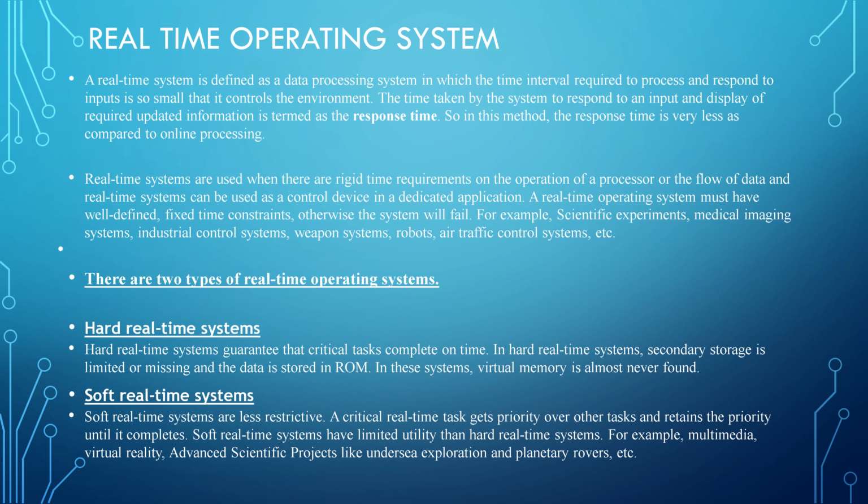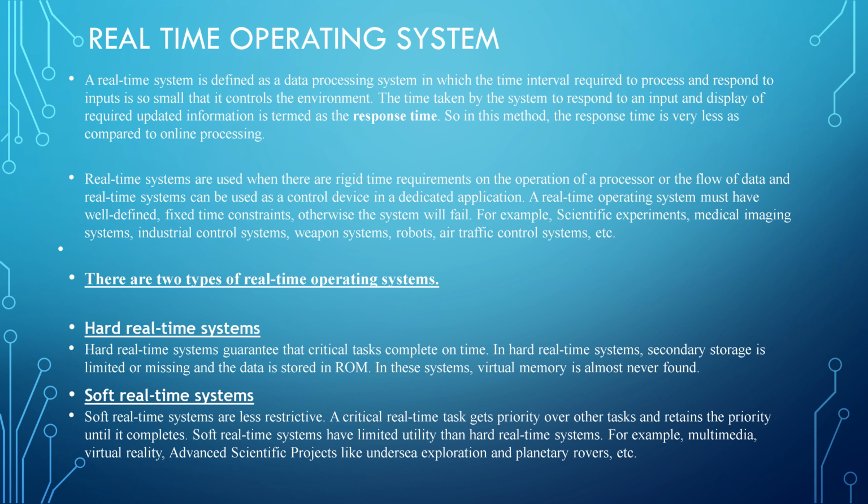The time taken by the system to respond to an input and display of a required update information is termed as the response time. So in this method, the response time is very less as compared to online processing.